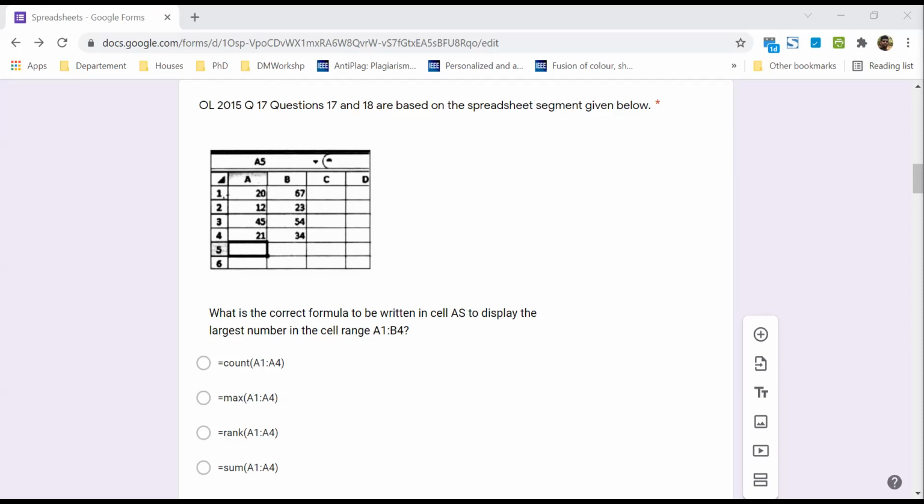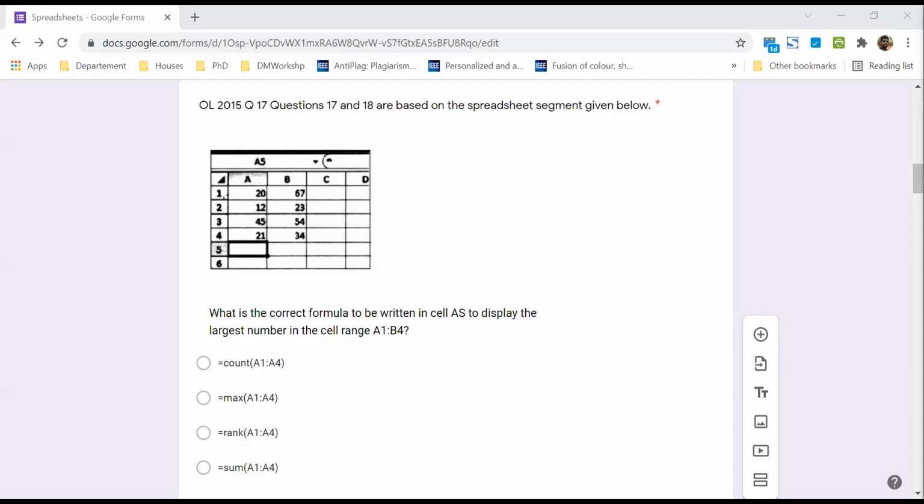What do you mean by largest number? Maximum, right? So it should be largest number, not the number of cells. So many of you actually make a mistake by putting a count there, but it should be max. So it should be max between A1 to A4.